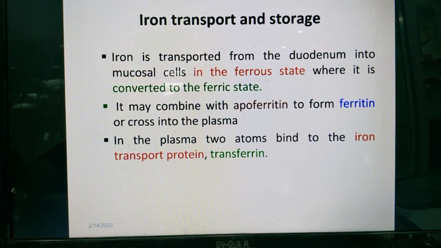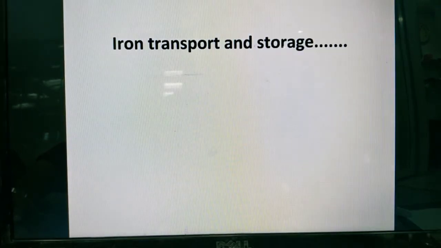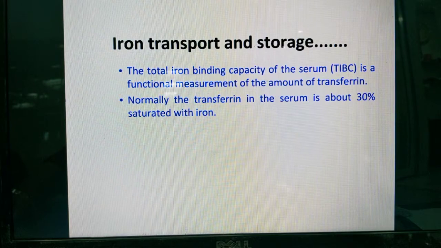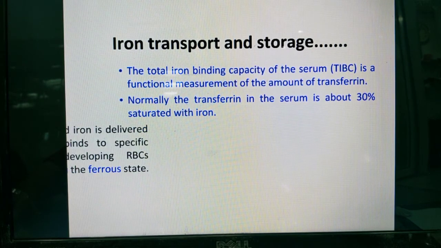In the plasma, two atoms bind to the iron transport protein transferrin. The total iron binding capacity of the serum, the TIBC, is a functional measurement of the amount of transferrin. Normally, the transferrin in the serum is about 30% saturated with iron.